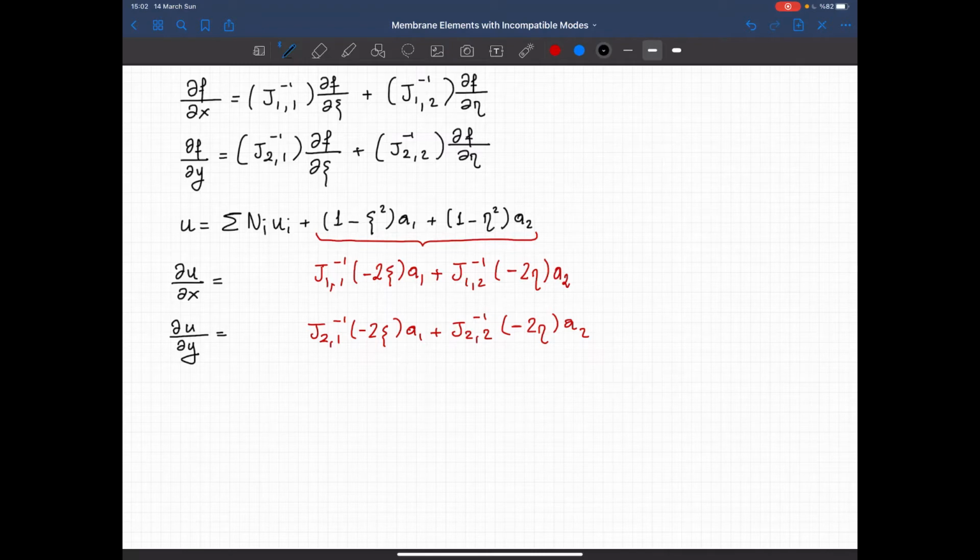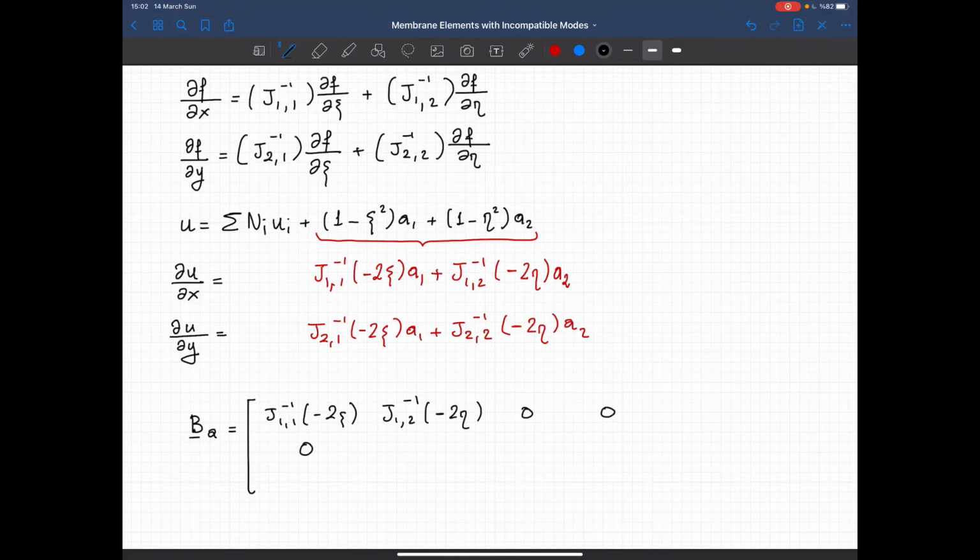And at the end of the day, my BA matrix will be equal to J11 inverse multiplied by minus 2 psi, J12 inverse multiplied by minus 2 nu, 0 and 0.